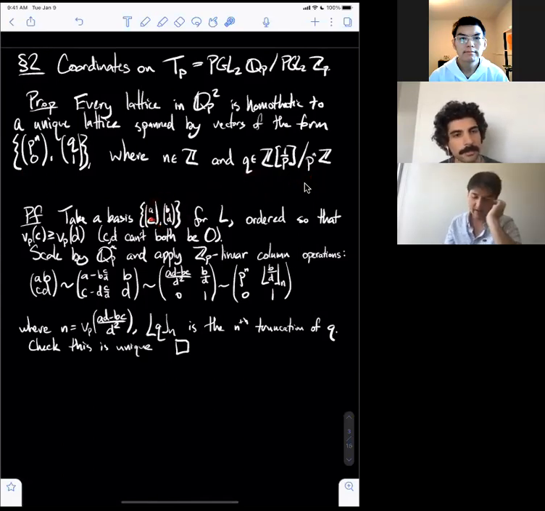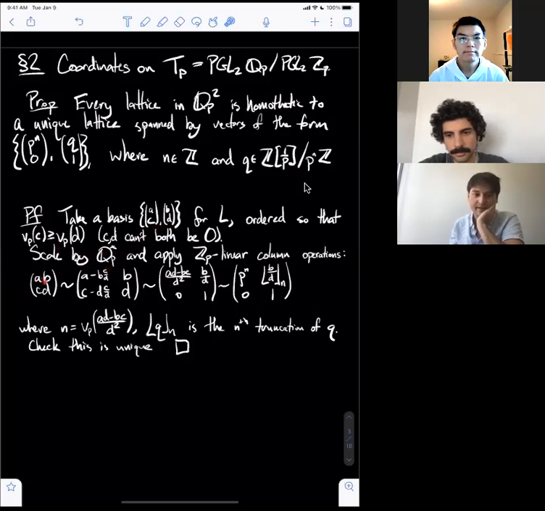Just take any basis for your lattice L, and since it's a basis, we can't have C and D both 0, and up to ordering these differently, let's say that this has a higher power of p dividing it than this one. That means that C over D is divisible by p, or I guess it's a p-adic integer, really. And so we're allowed to scale the whole lattice by non-zero p-adic numbers.